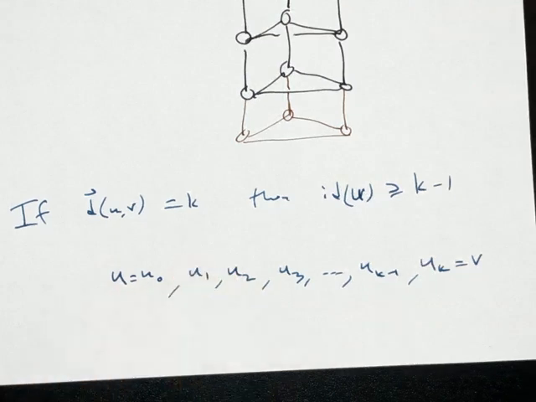Well, there has to be an edge either from u to ui or from ui back to u every time, because a tournament is an orientation on a complete graph.